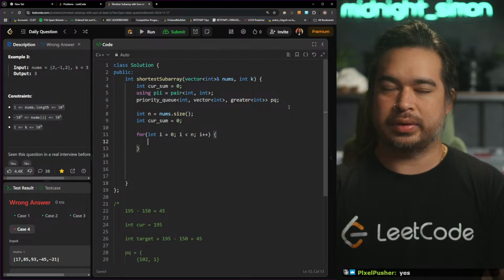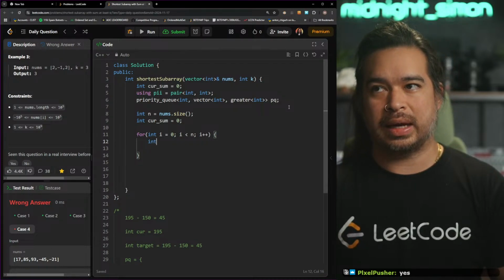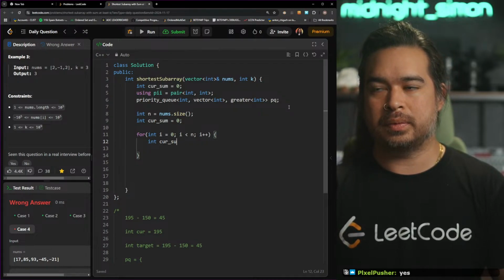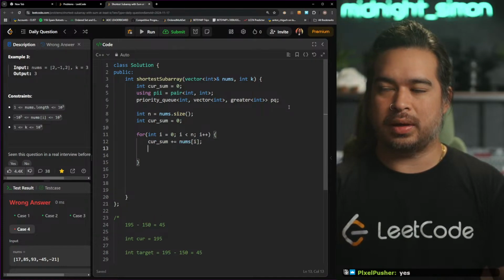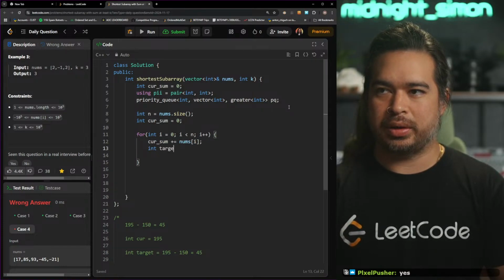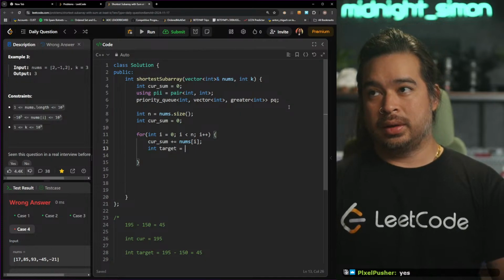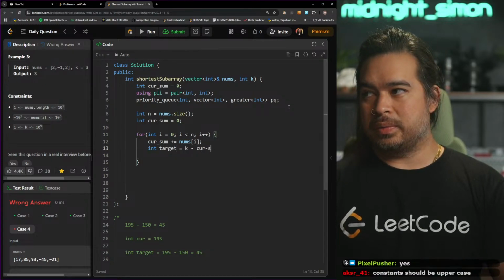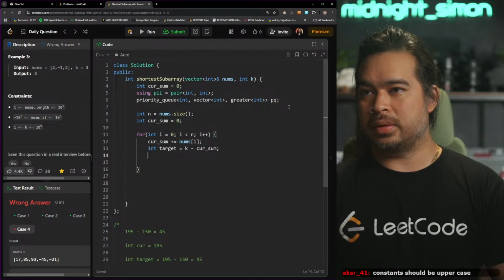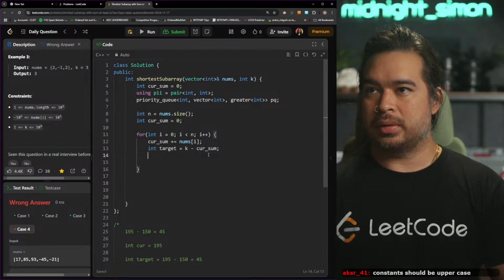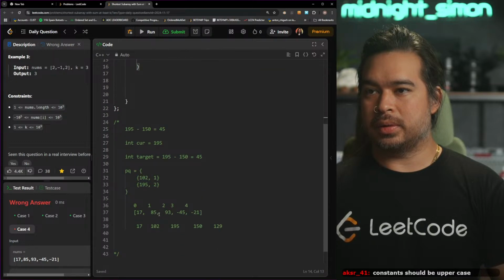Do I add the current number to the sum, and then the target here would be k minus the current sum. And then what?